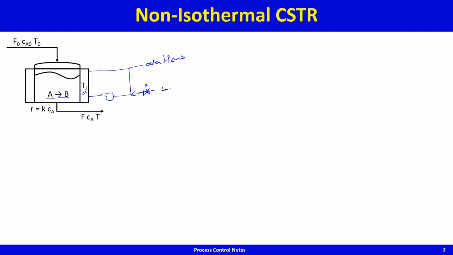Because the circulation rate is very high, the temperature rise as the coolant moves from here to here is negligible, and therefore in effect what the reactor sees is a jacket at a constant temperature Tj. Okay, so this is a reasonable assumption.